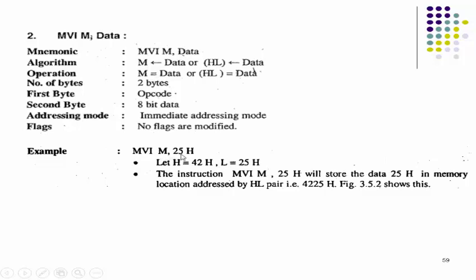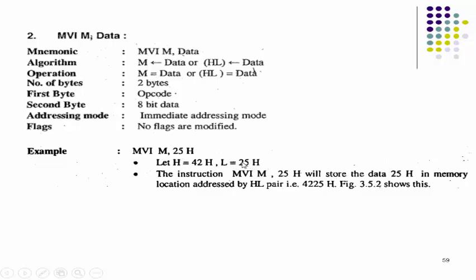For example, MVI M, comma, 25hex. In this case the hexadecimal number 25hex immediately gets copied in the memory pointed by HL. So suppose in H register we are having 42hex and in L register we are having 25hex.